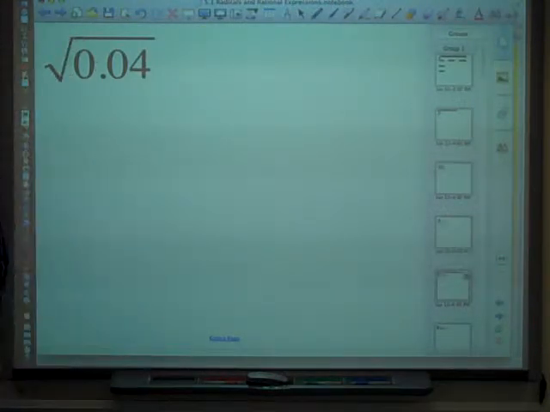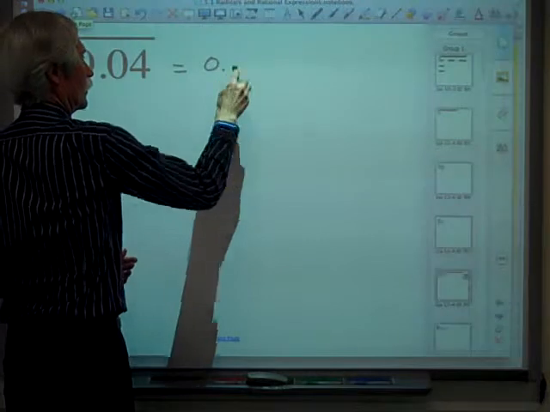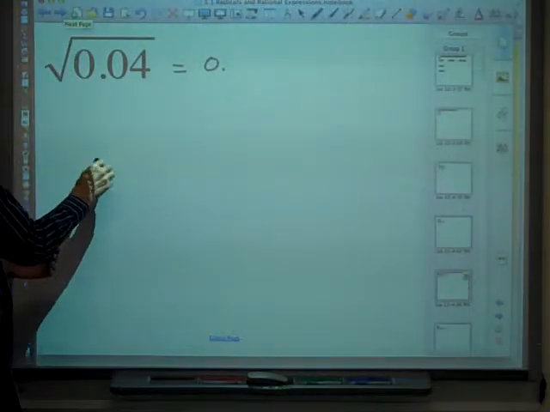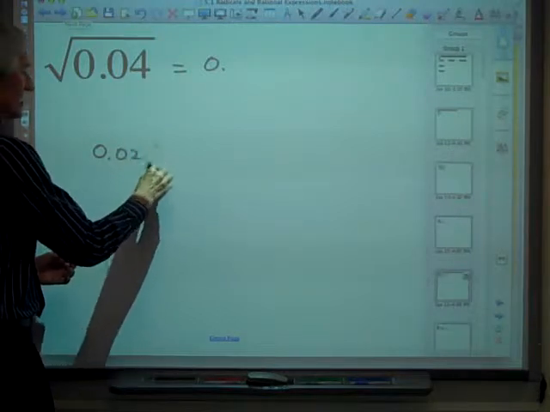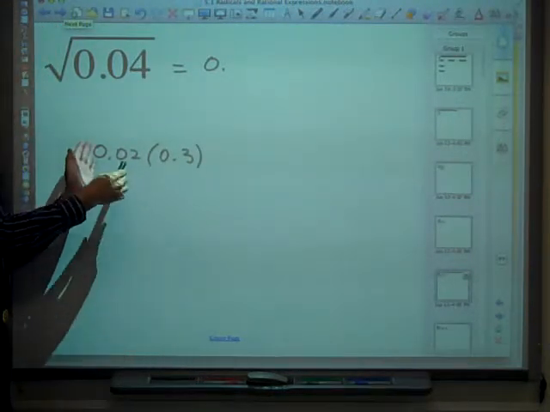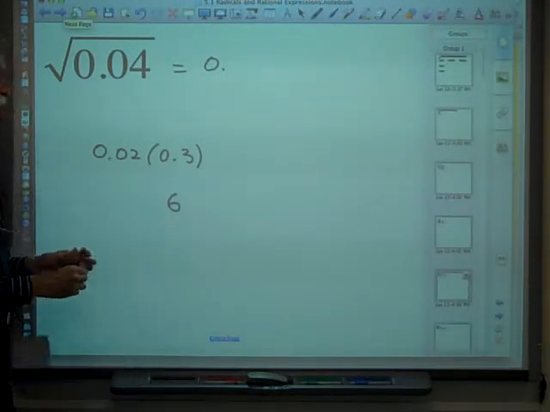What can multiply itself and be 0.04? 0.2. When you are multiplying decimals, they get smaller. Like if I just gave you this out of the blue, it would be 6. 2 times 3 is 6.